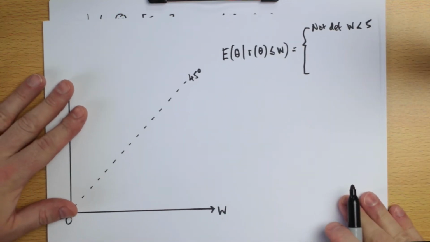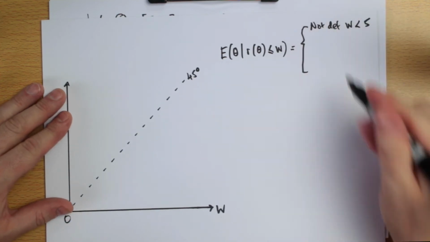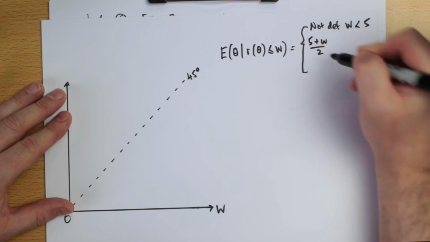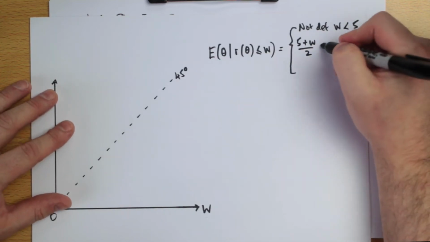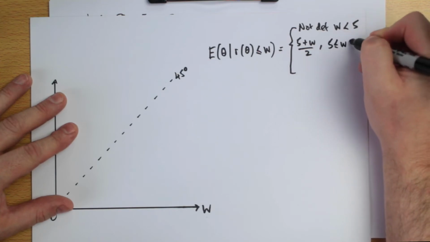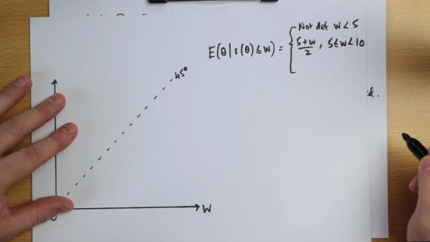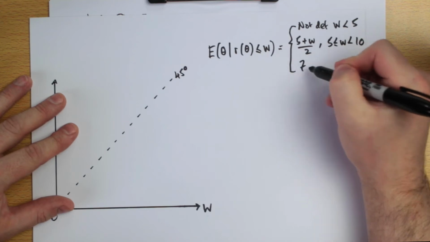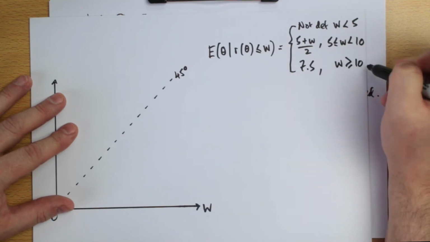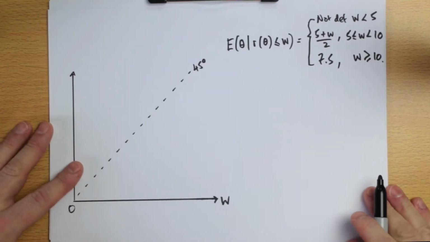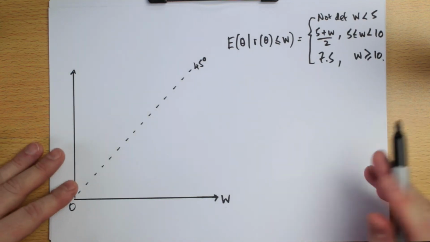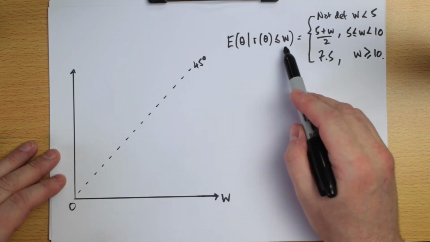It is (5 plus W) over 2, halfway between 5 and W, when 5 is less than or equal to W less than 10. And it equals 7.5 when W is greater than or equal to 10. This is the expected productivity, equal to expected revenue, as a function of W.